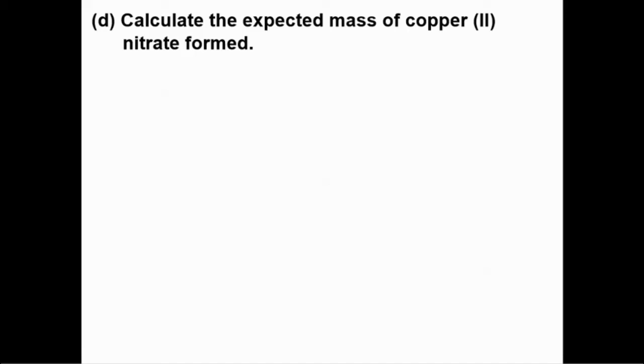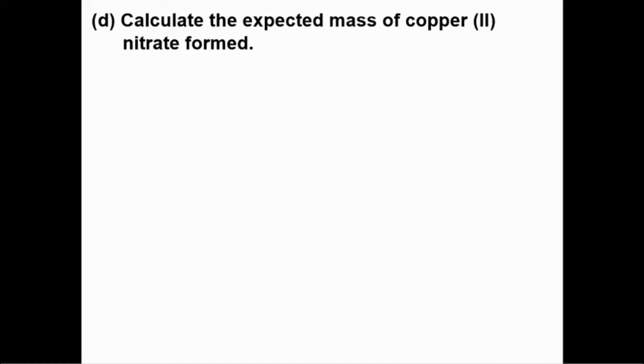So that's why in this question D, in order for us to determine the mass of copper(II) nitrate, we need to use the moles of nitric acid used in the reaction. Why? Because nitric acid is the limiting reactant. So the quantity, the moles or the mass of this copper(II) nitrate greatly depends on the mole of this limiting reactant, which is nitric acid.